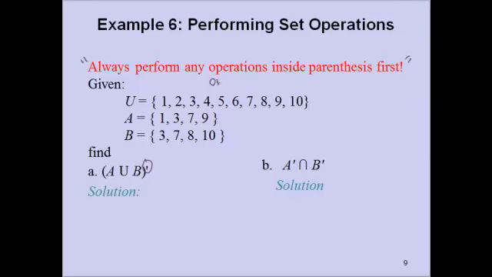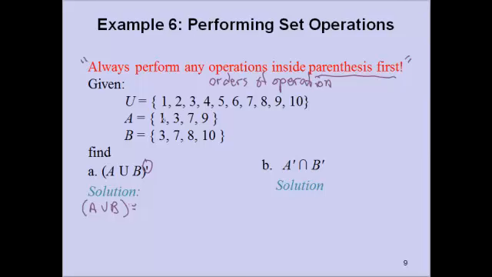This is our order of operations, and of course, parentheses, our grouping symbol, first is super important. So here, we want to union A and B and then take its complement. So let's first find A union B, and then we'll take its complement.